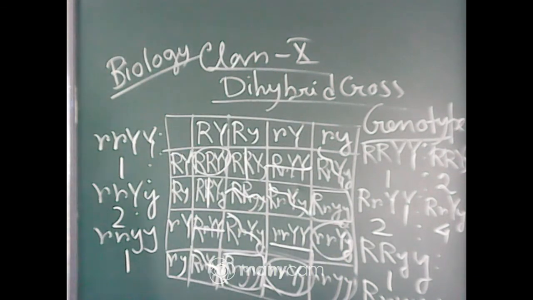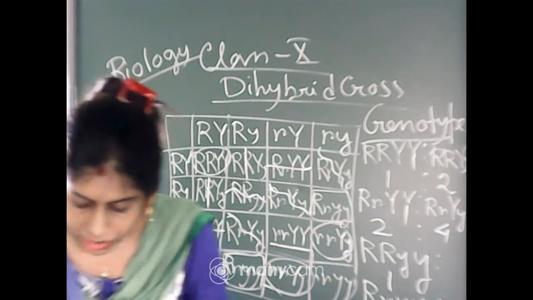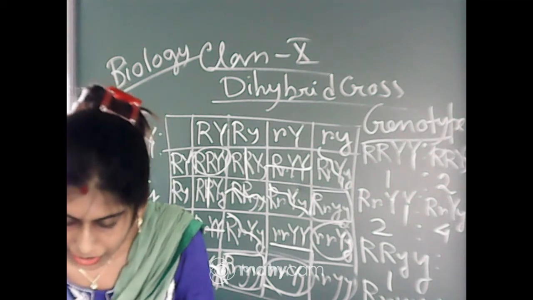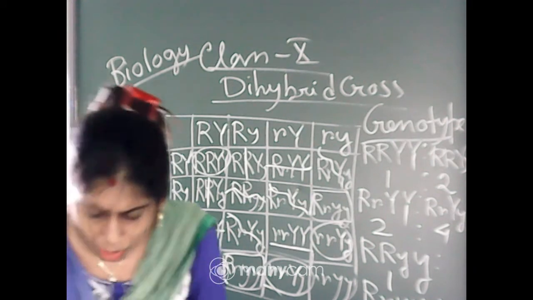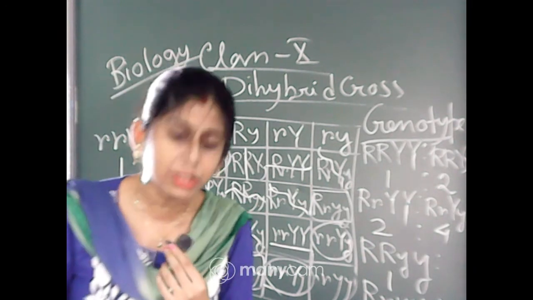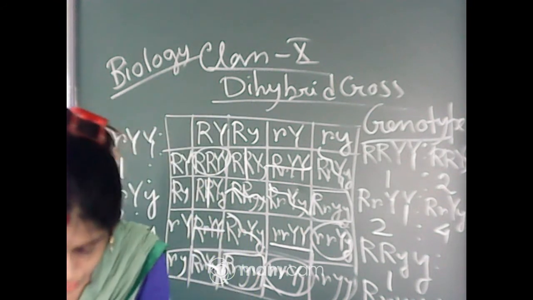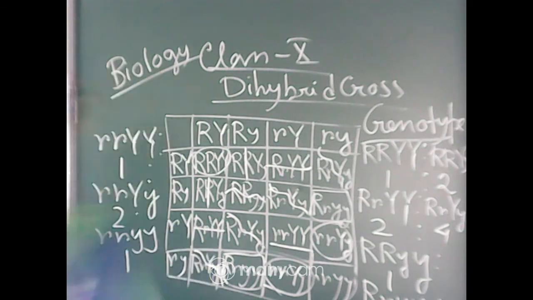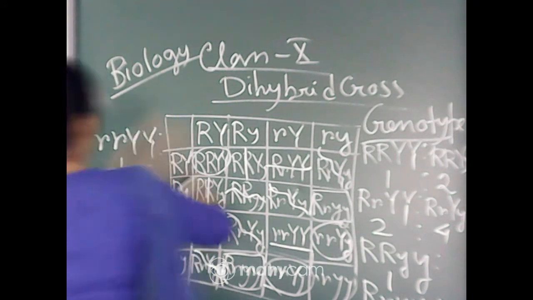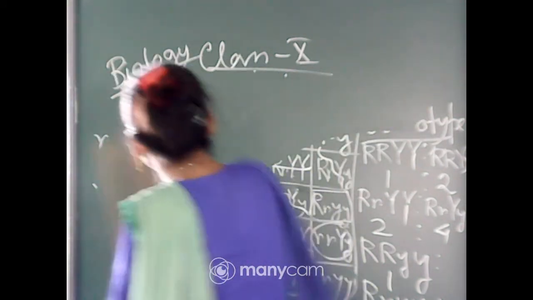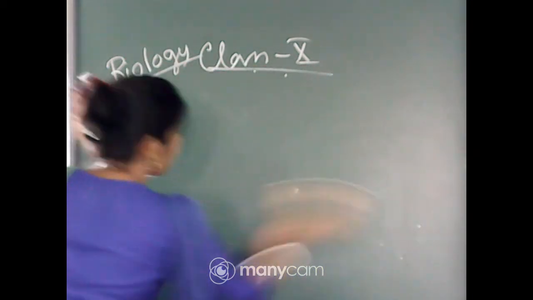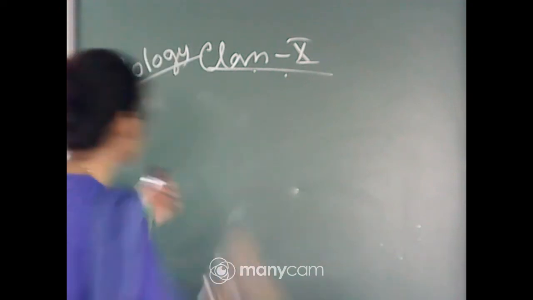So Mendel performed this, and after that these crosses were performed in animals also, like guinea pigs. From the monohybrid and dihybrid crosses, Mendel concluded some laws. So now I will first tell you the different laws. From the monohybrid cross, Mendel concluded 2 laws.